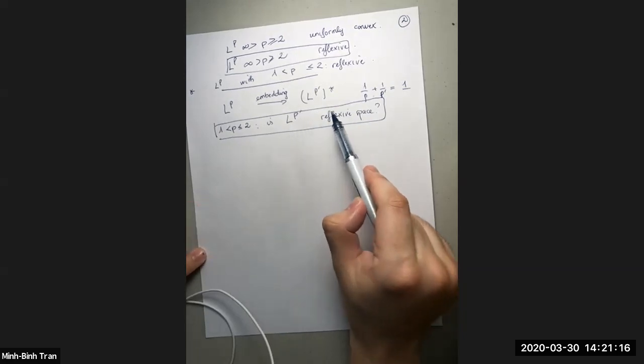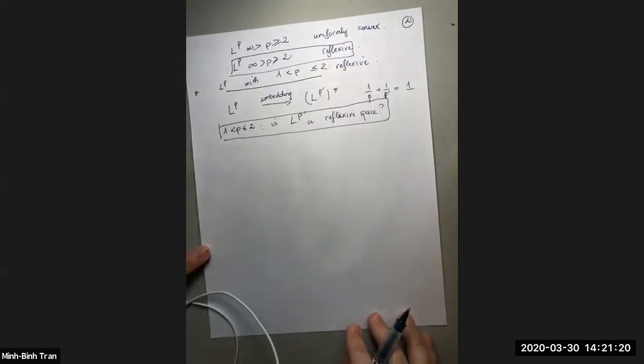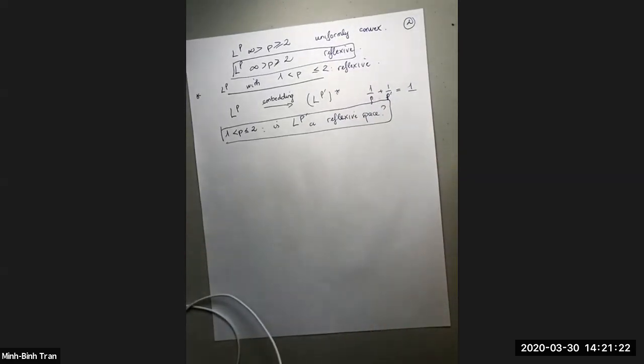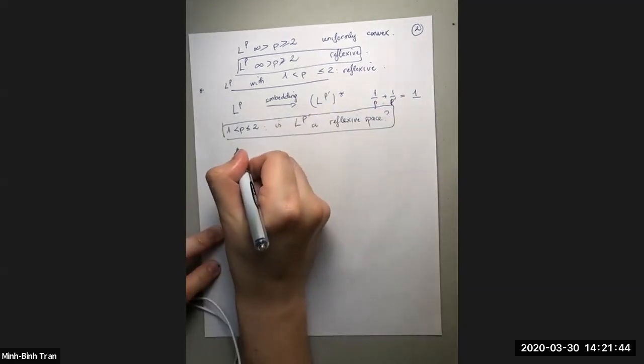Is L^p prime a reflexive space? Yes. Stephen gave a very good answer. So this is a reflexive space. Why? Because p prime is bigger than 2, right?